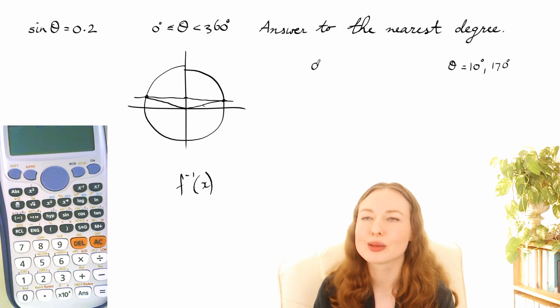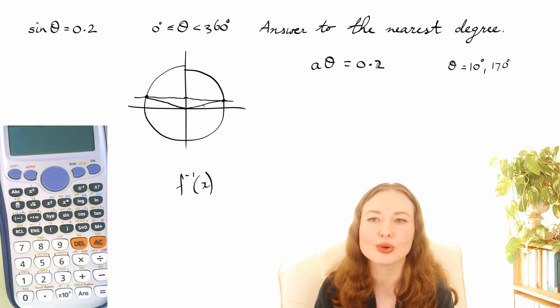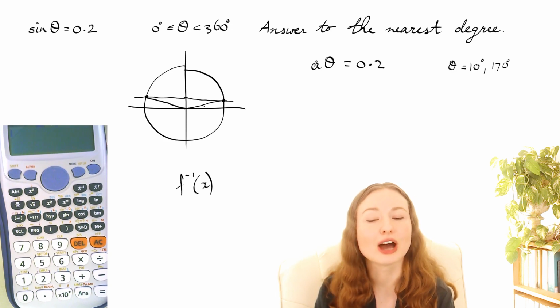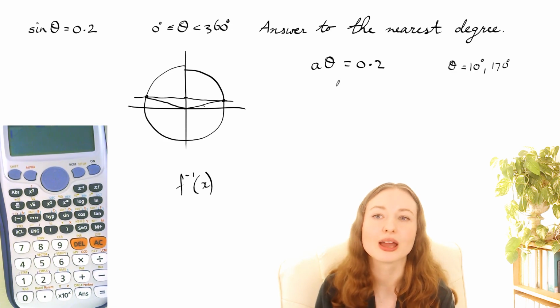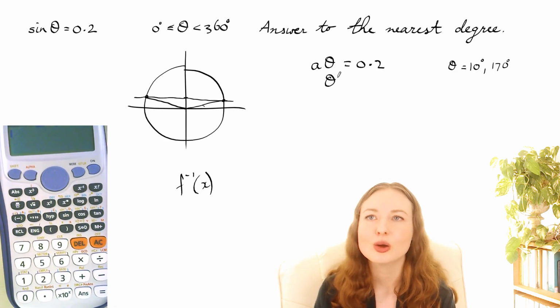If you had something like a times theta equals 0.2, you could solve that by dividing both sides by a. Dividing by a is the same thing as multiplying by the reciprocal of a, which you can write as a to the minus 1. So it would be a to the minus 1 times 0.2.